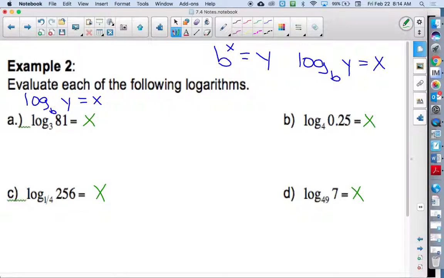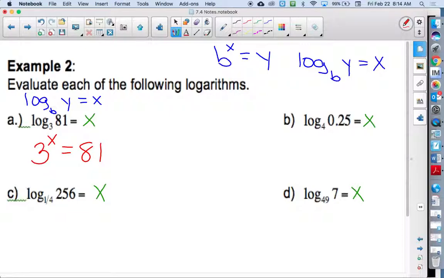So sometimes when it's in log form, it's easier to convert it to an exponent to help you solve. So Julia, if you look, we have log base 3 of 81 equals x. Can you convert that to exponential form? It would be 3 to the x equals 81. So here's where that common power sheet is not going to go away yet, because now we need a power of 3 that would be equal to 81. That's what the question is really saying.